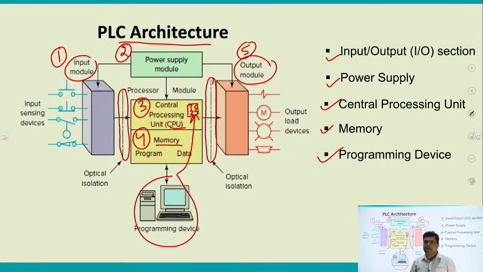What is the use of optical isolation? It is necessary because of the voltage level. If the voltage level increases, sometimes due to a fault, the central processing unit will be damaged. So for the protection of the CPU system, it is connected with a device known as optical isolation.